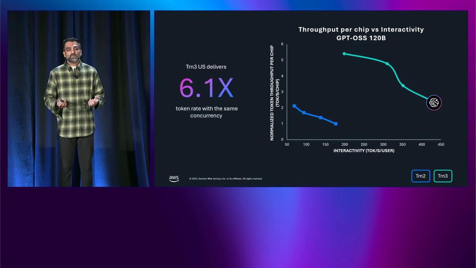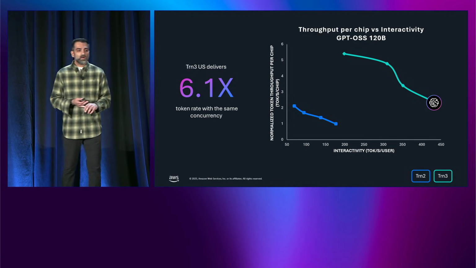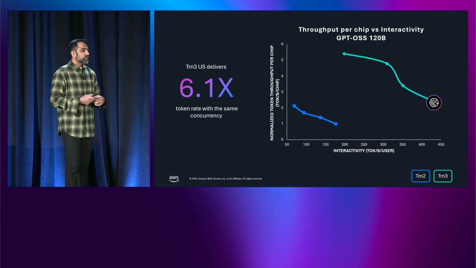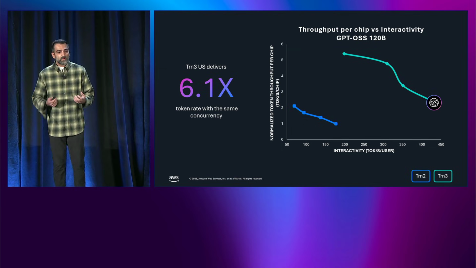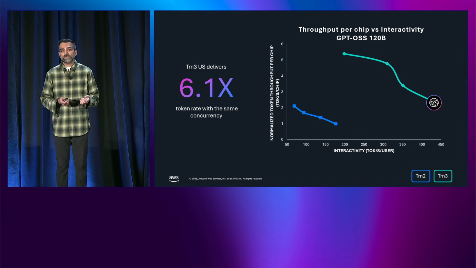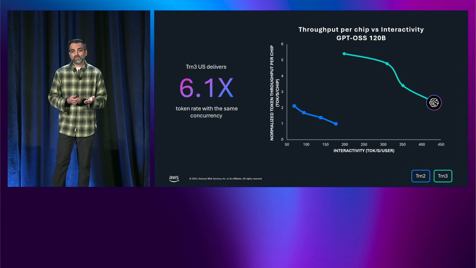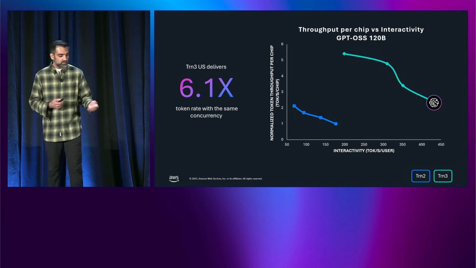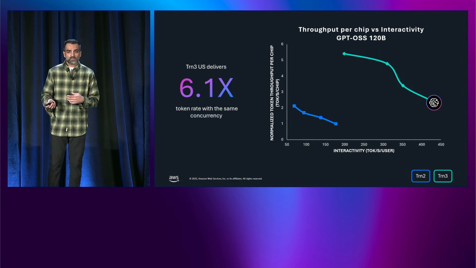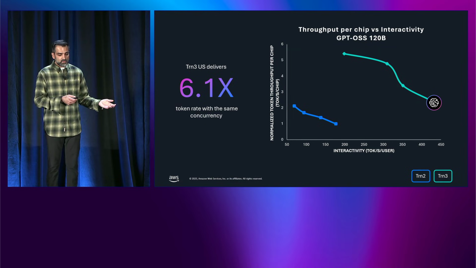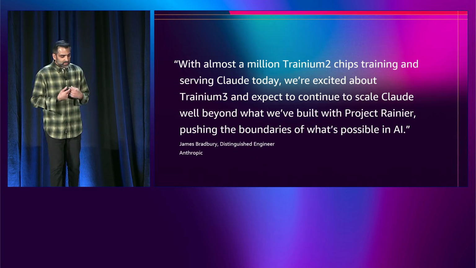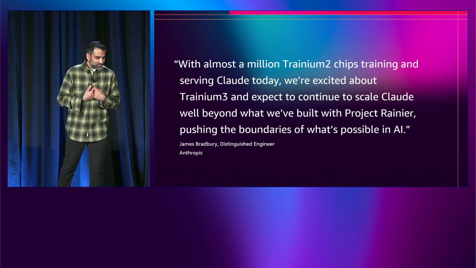And what this allows me to do is deeper reasoning, more complex models, more turns inside of my agentic workflows, serve and generate more tokens without increasing the cost, without reducing the user experience to my end customers. And we can deliver over 6x the number of tokens with Trainium 3 Ultra servers than we could with Trainium 2 Ultra servers. And so we're really excited about that. Clearly, I'm really excited about that as well, right?